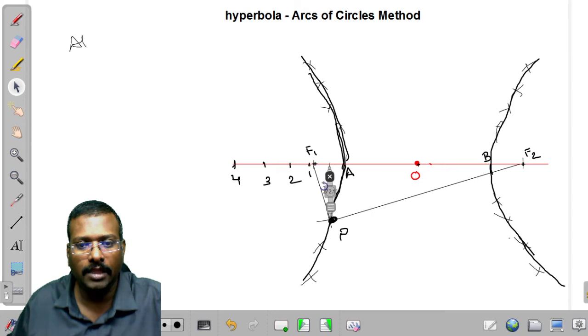Take P as center, any length as radius. Draw the arcs on both the sides.